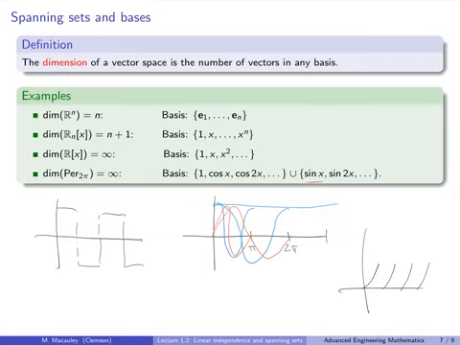If it repeats every 2π, then it can be written uniquely as a potentially infinite sum of these sines and cosines. So for example, this square wave can be written as some constant plus some potentially infinite sum of an cosine of nx plus bn sine of nx.